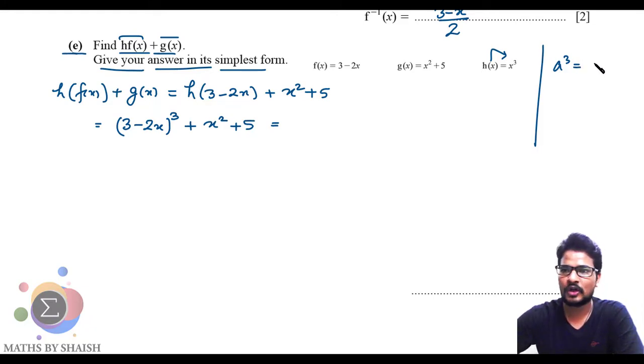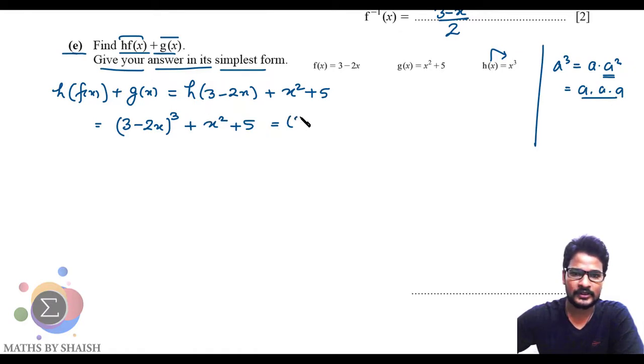Open the bracket means if there is a cube, we know a cube. Either we know the formula, a cube minus b cube minus 3ab times a minus b, or we can write it as a into a square, and then we have the identity for a square. Here I will use the second one, that is 3 minus 2x in one bracket, and then we will write 3 minus 2x whole square plus x square plus 5.